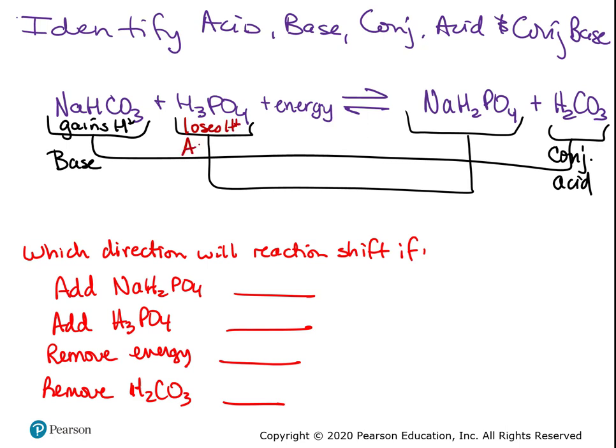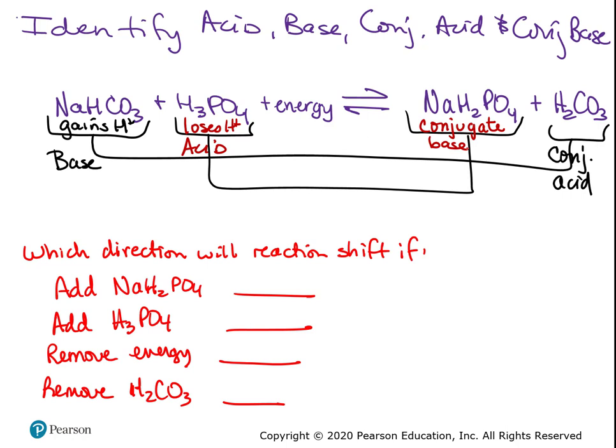And so that makes it the acid. And so that means that NaH2PO4 on the product side is the conjugate base. So remember, the acid always forms the conjugate base. The base always forms the conjugate acid.